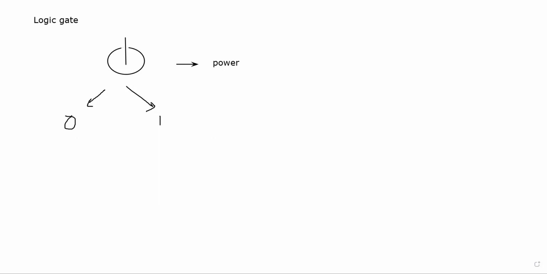You have to learn 5 logic gates: OR gate, the working of OR gate, AND gate, NOT gate, NAND gate, NOR gate. These are the gates you have to learn. So first we will start with OR gate.